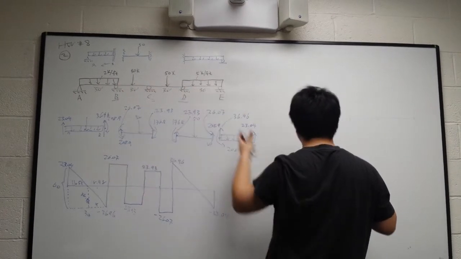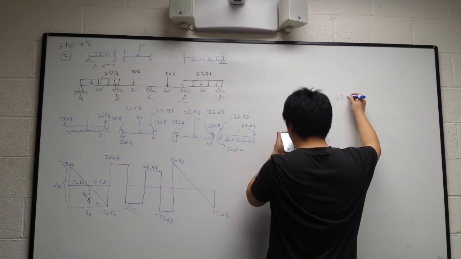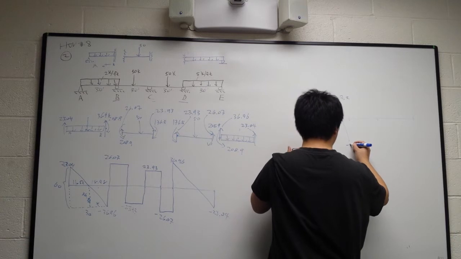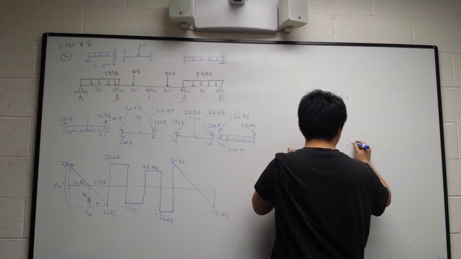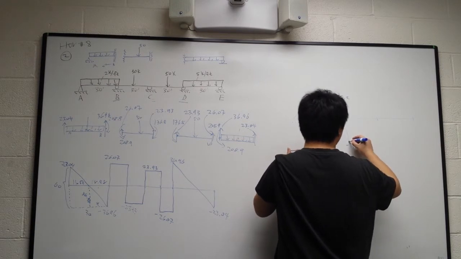So you're going to have 187.2 and bring it down here, so you have negative 176.8, and then bring it up again.